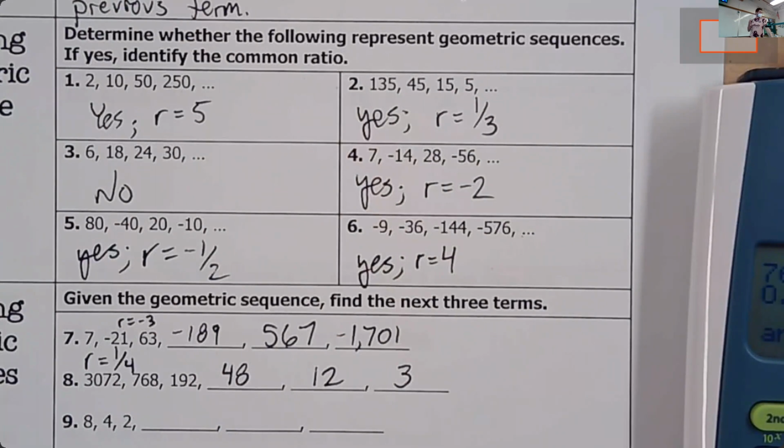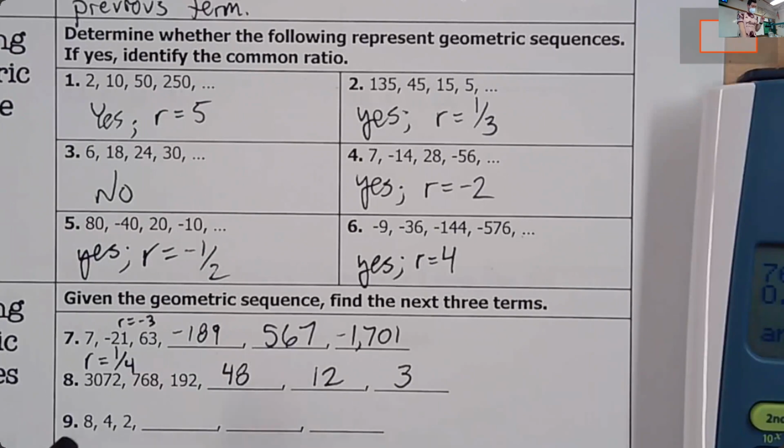So geometric sequences could be increasing or they could be decreasing. Or in the case of 7, it's increasing and decreasing at the same time because it's being multiplied by a negative, which actually just means that it's getting further and further away from 0 on both sides of the number line.